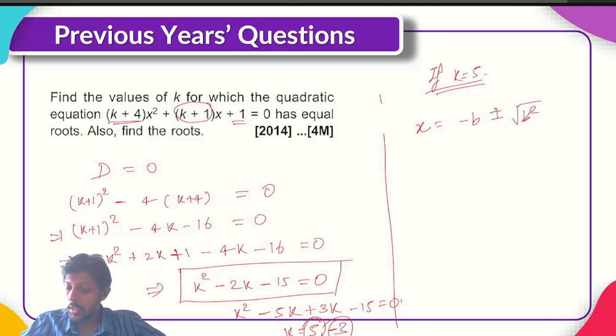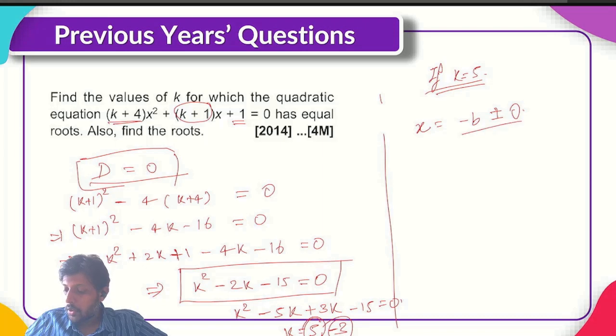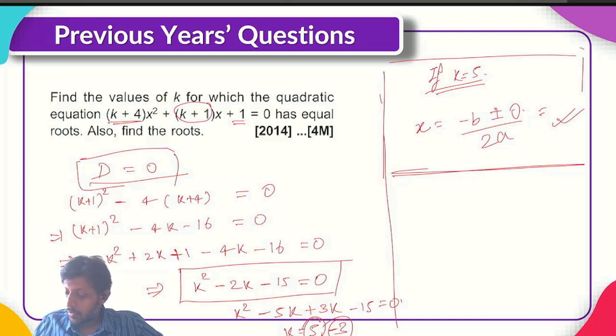Now b square minus 4ac, we all know it's 0, right? We just did this to find that out. So minus b plus minus 0 upon 2a. This will give you the roots. Basically both the roots are going to be equal. Okay, now this will give you 1. This is one case we are covering.